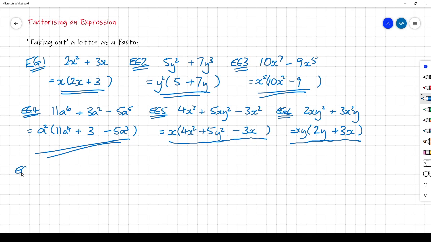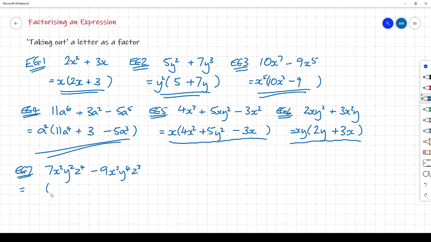Example 7. Nearly there. Factorise 7x squared y squared z to the power 4 minus 9x cubed y to the power 4 z cubed.